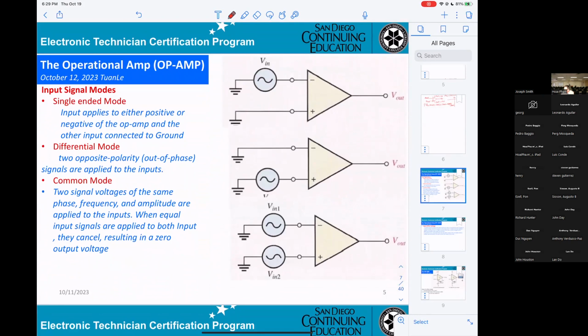Okay, so I just try to go through that for the op amp, and we'll stop it until next meeting.